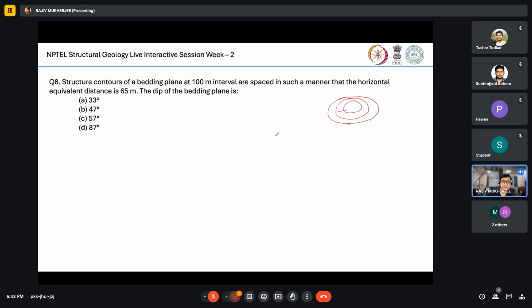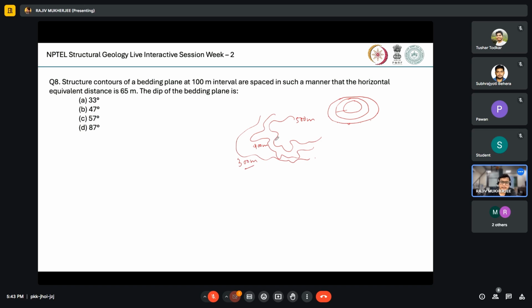So contour lines mean there are elevation differences in the region. For example, we have a contour like this. This contour says 500 meters, this contour says 400 meters, this contour says 300 meters, and so on.